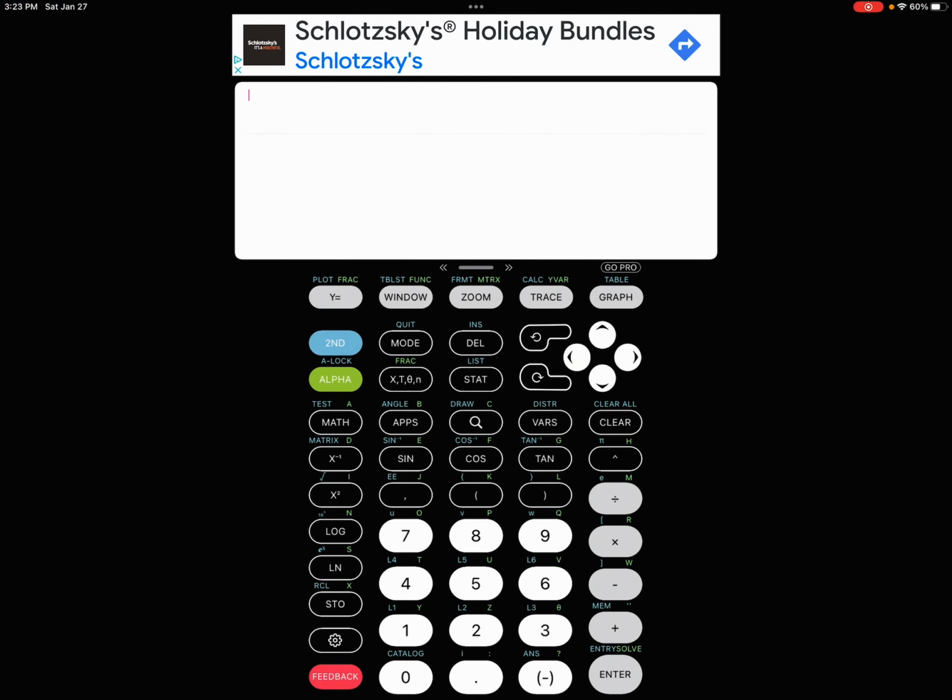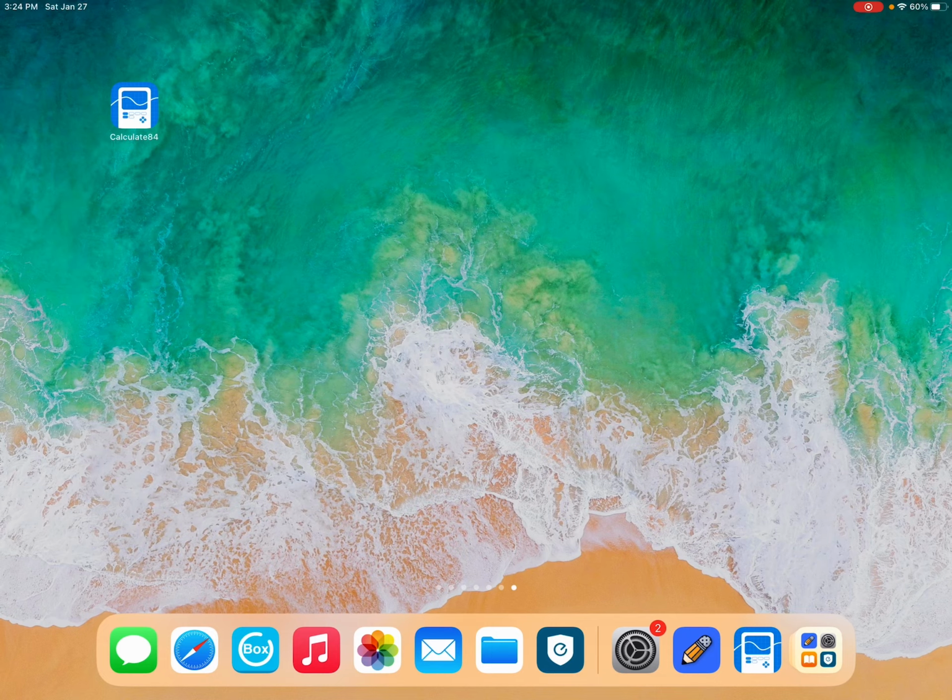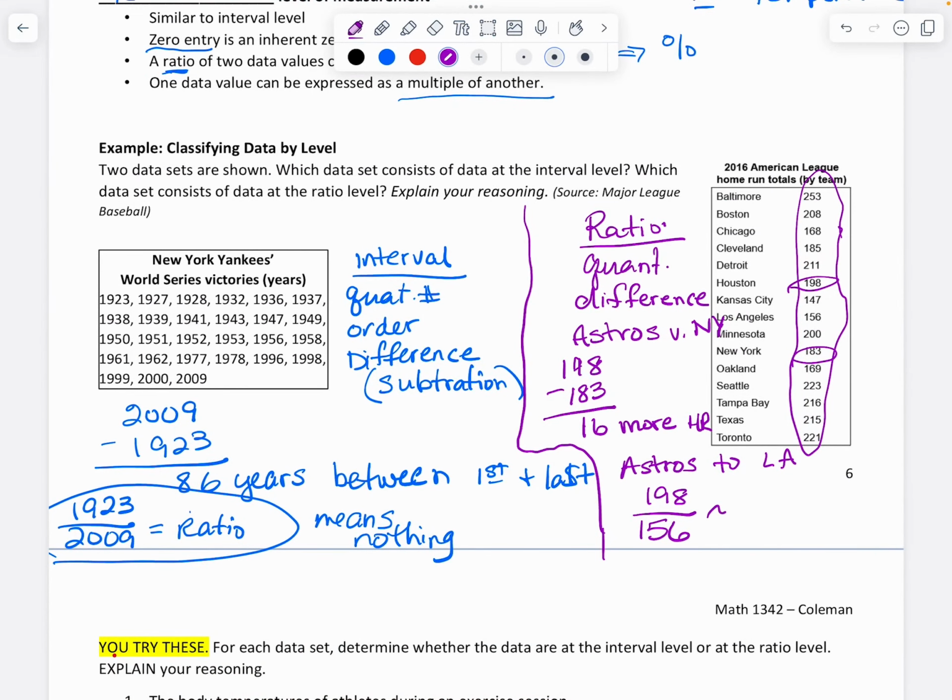So if I look at my calculator, 198 divided by 156, that's 1.269. We can say that the Astros had approximately, that's what those two little squiggle marks mean, approximately 1.3 times as many home runs.